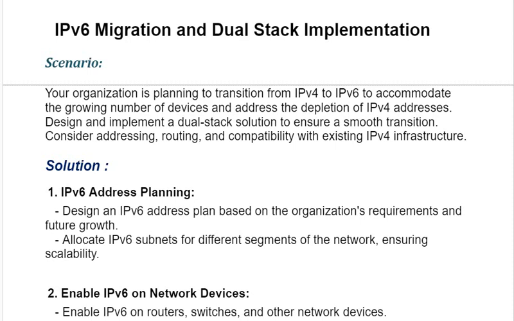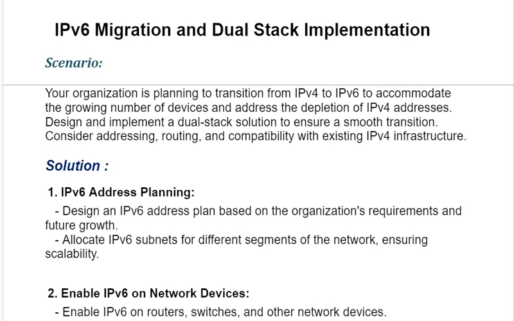Design and implement a dual stack solution to ensure a smooth transition. Consider addressing, routing, and compatibility with existing IPv4 infrastructure. Being a CCNA network administrator, what solution will you select?